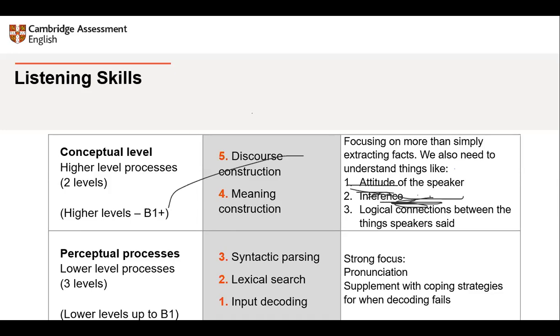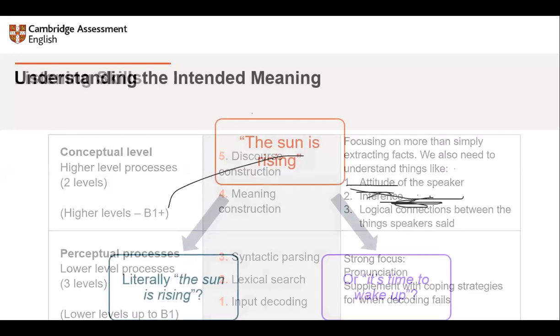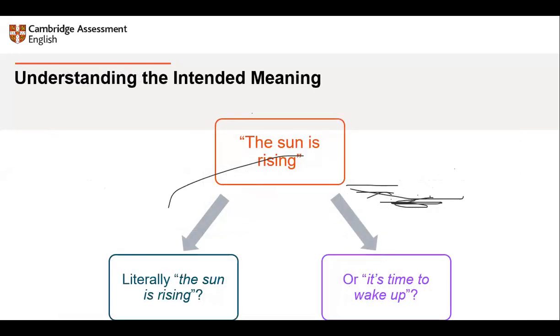So we notice that points 1, 2, and 3 here, they relate to lower levels, and points 4 and 5 to higher levels. But we need the lower level processes a lot in order to develop the conceptual level processes, numbers 4 and 5. Just to give an illustration, listening is like this. If somebody says to you, the sun is rising, it could mean different things.